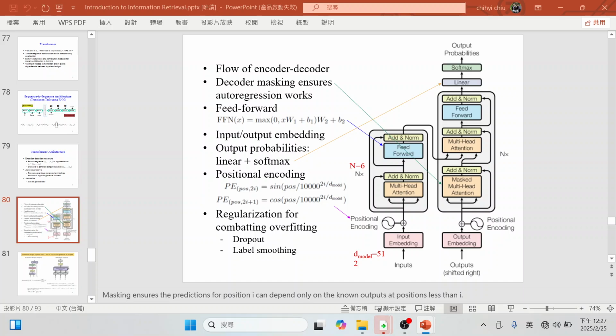Okay, so next is the masked multi-head attention. The masking ensures the autoregression works. The idea is that in the original attention, you can see all tokens at the same time. I'll give you a small case.